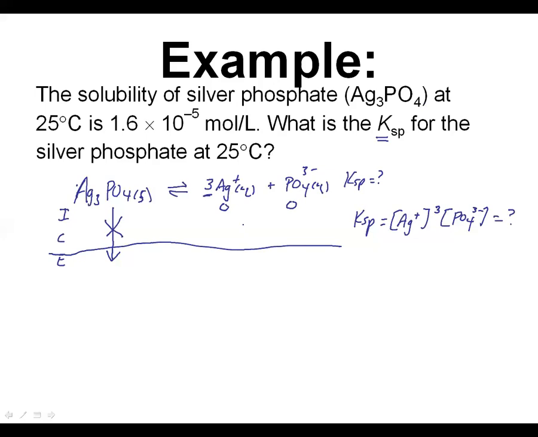Now, when we do a KSP ice table, normally for the change part, we use X. And truthfully, you could still use X in this table, but a lot of people will not use X in this table. A lot of people will actually use S. And what the S will stand for is the molar solubility.